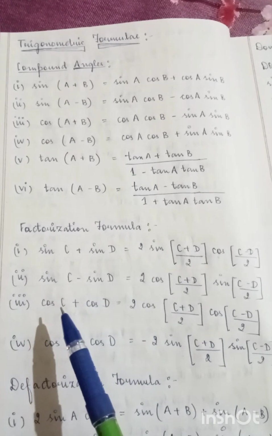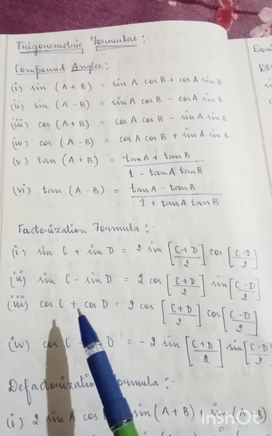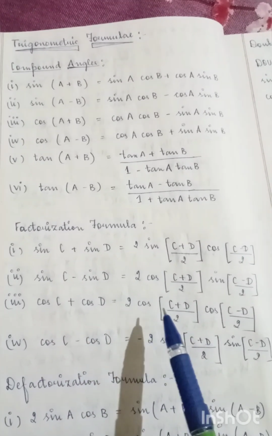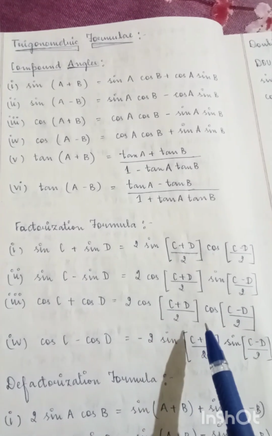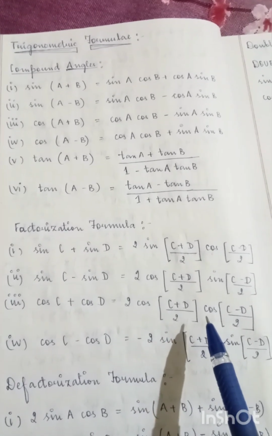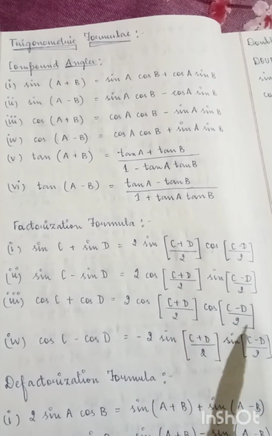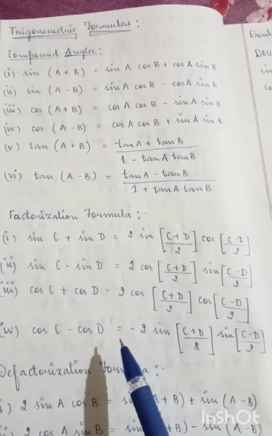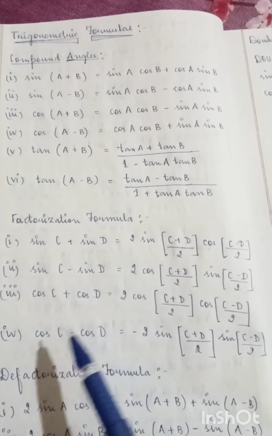Next, cos. So cos c plus cos d is equal to 2 cos of c plus d by 2 into cos of c minus d by 2. Next, cos of c minus cos of d. We know that cos is always negative.